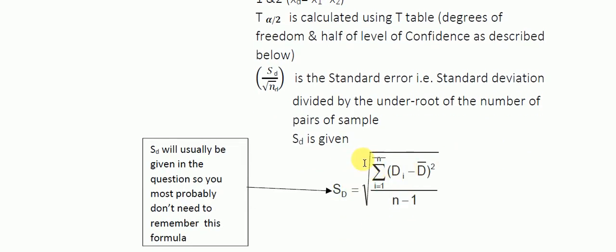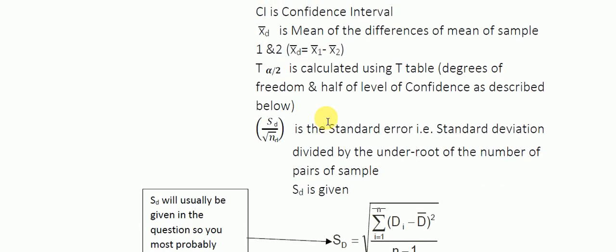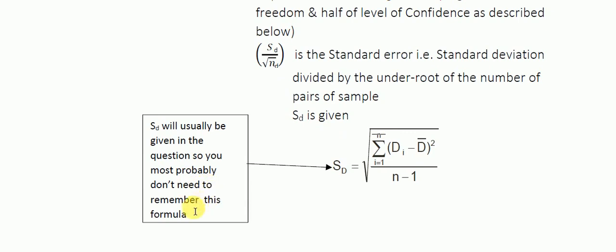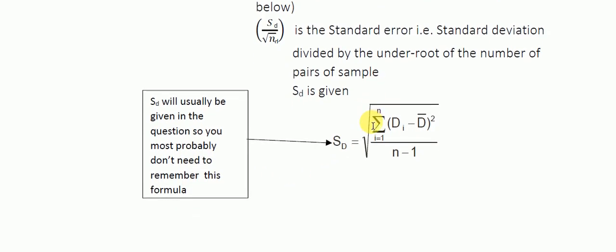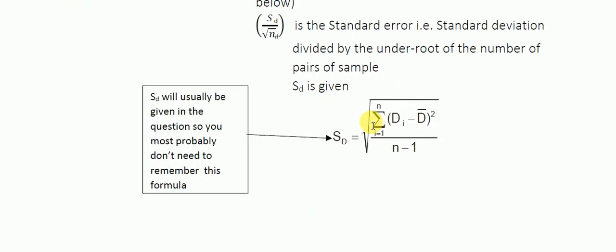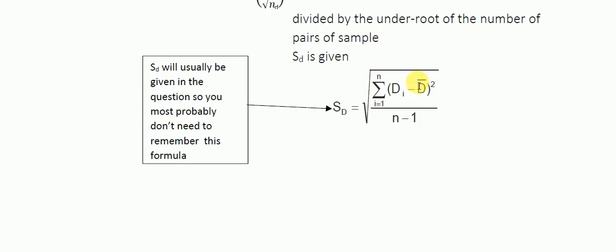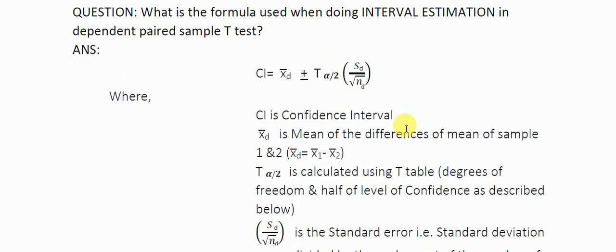So, what is s_d? s_d will usually be given in the question, so you most probably don't need to remember this formula, but if we have to calculate s_d, this is how we do that. Now let's see the formula, and the various parts of this formula will be clear as we move on. So this is how it works. Basically the confidence interval x bar d is calculated in this way.